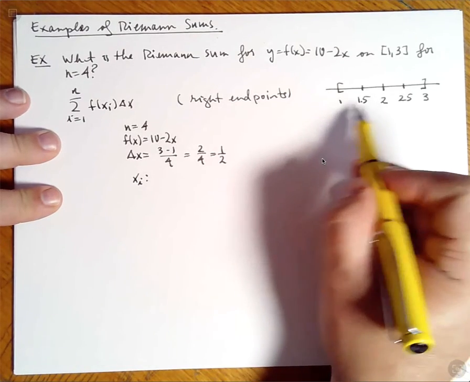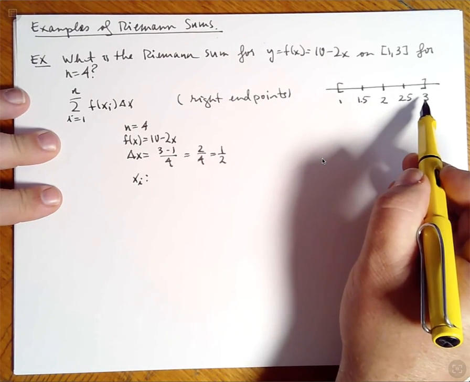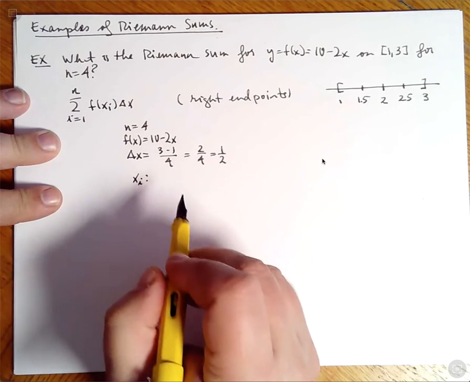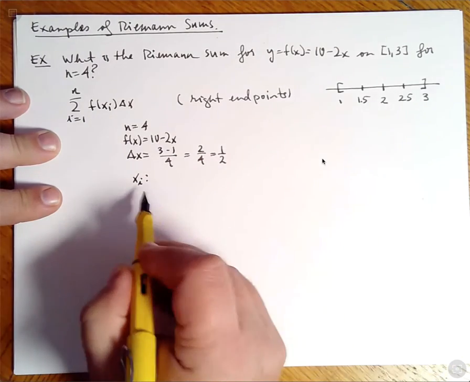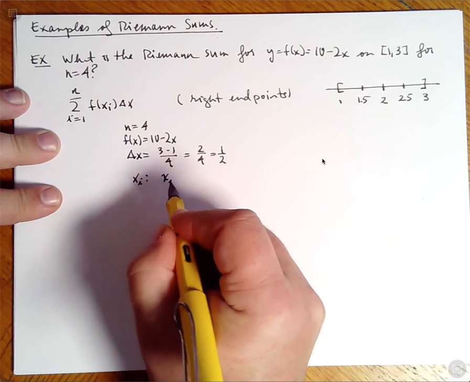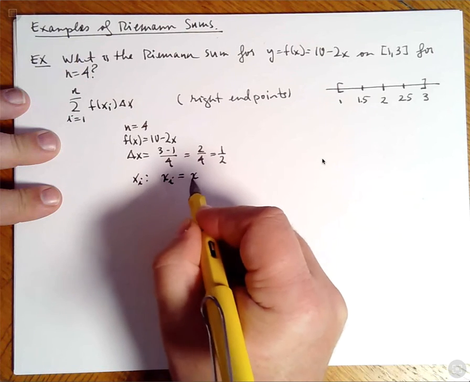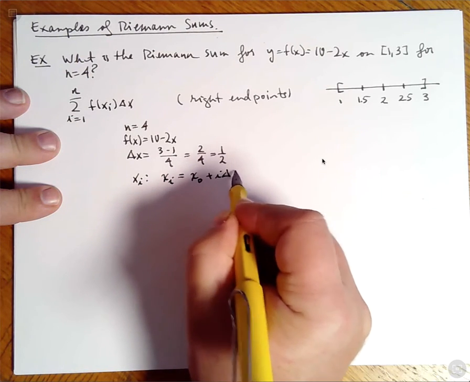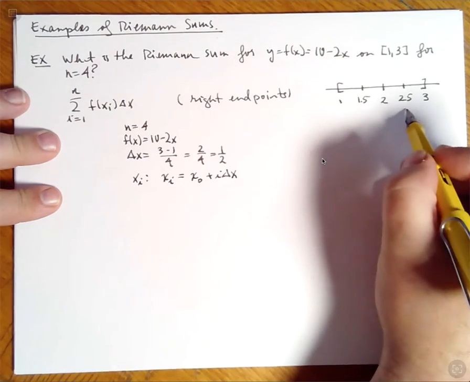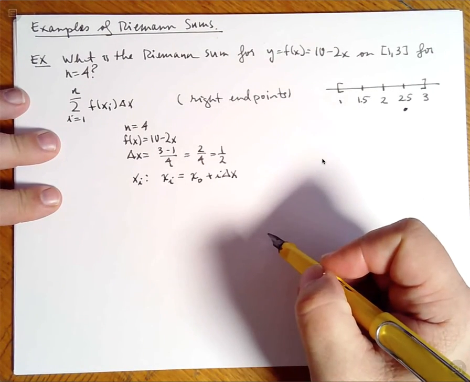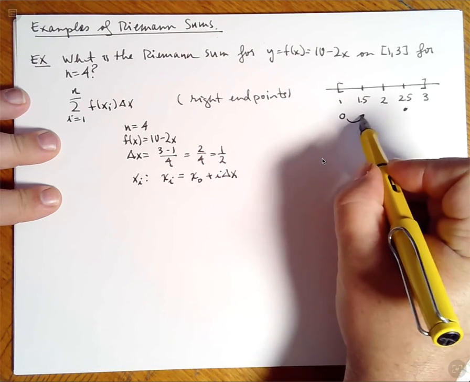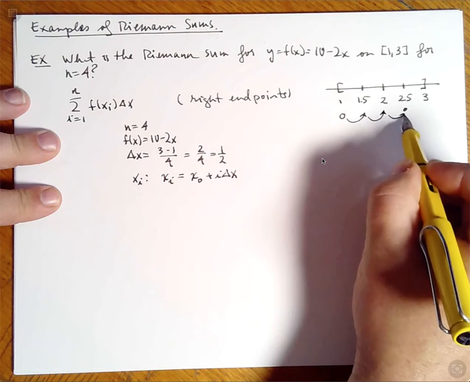So these will be our partition points for the Riemann sum, but this isn't quite the way I want to write it down. The way I want to write it down is this: I want to use the idea that x sub i equals the leftmost endpoint plus i times delta x. This is the idea that if I wanted to get to the third partition point, I could start at the first and then add 3 delta x's.